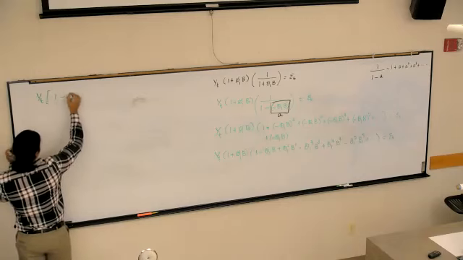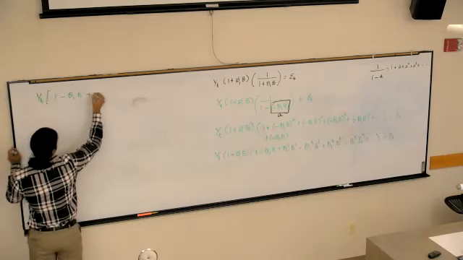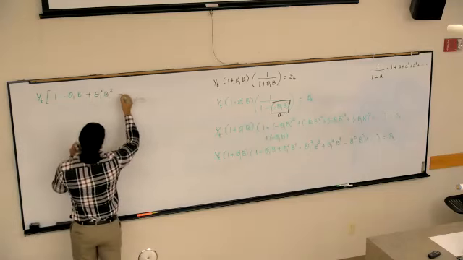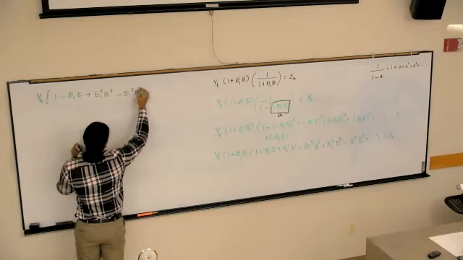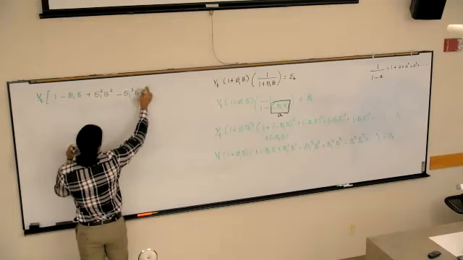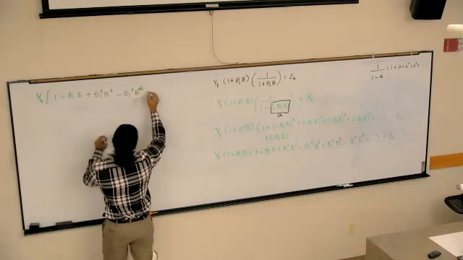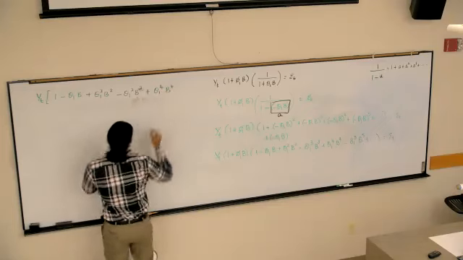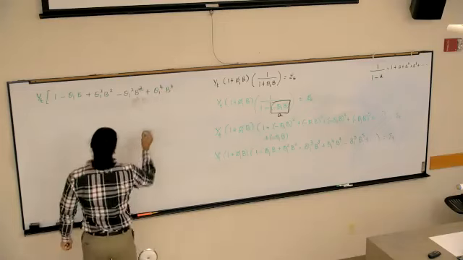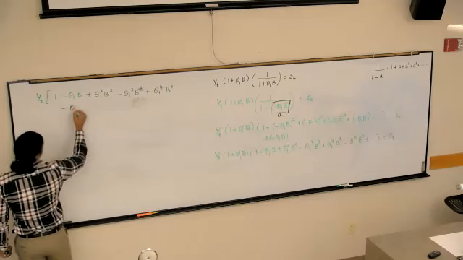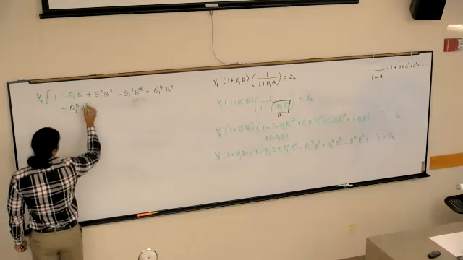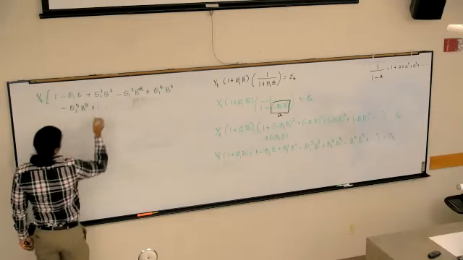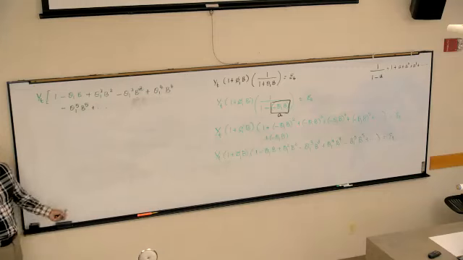So 1 minus theta 1 B plus theta 1 squared B squared minus theta 1 cubed B raised 3, not beta, it's B, plus theta 1 raised 4 B raised 4, minus theta 1 raised 5 B raised 5. And of course, it's going to keep on going. So I'll just put dot dot dot. Good.